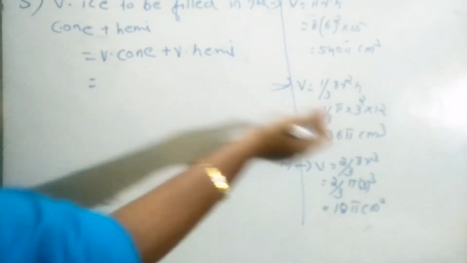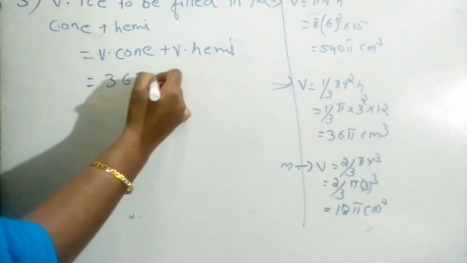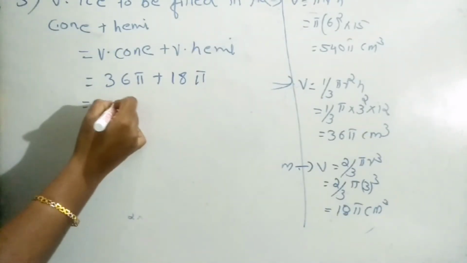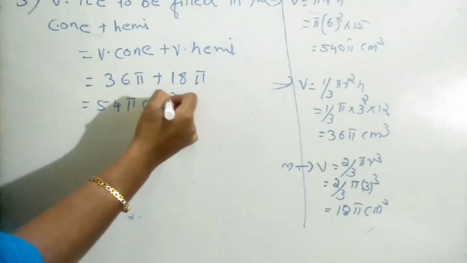That is 36 pi plus 18 pi, which is equal to 54 pi centimeter cube.